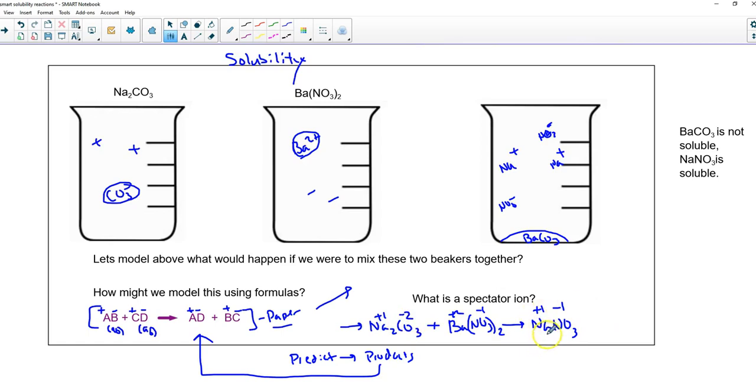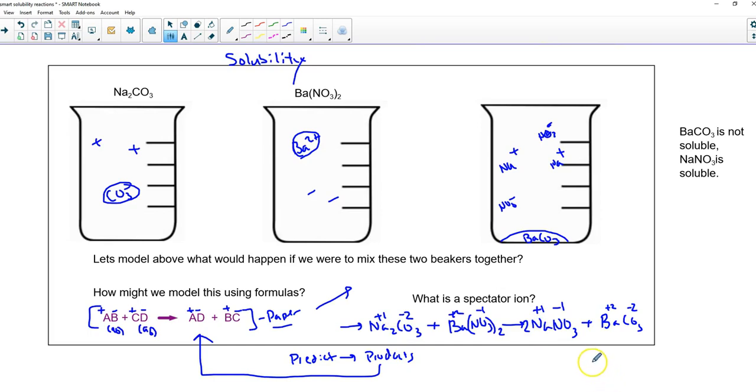This one doesn't have the 2, so it's just NaNO3. This 3 is part of the nitrate. And then I have barium, which is +2, and the carbonate is CO3 -2. And charge balance. You might say to yourself, what happened to the 2 nitrates? There's only 1 here now. That will work itself out in balancing. So 2 goes there, 2 sodiums, and I'm done.